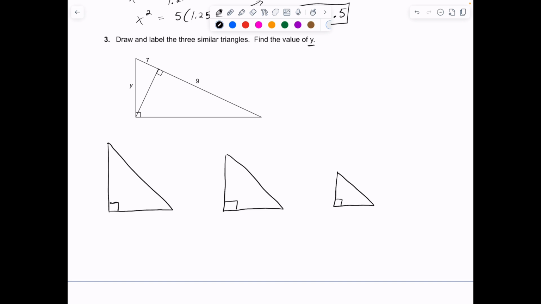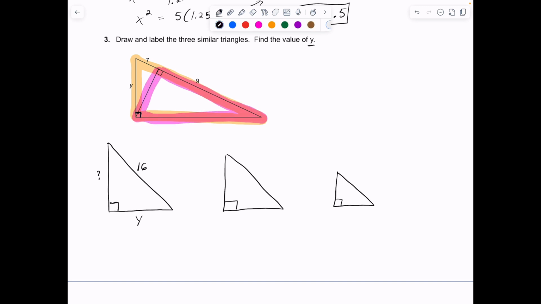Okay, so the large triangle is right here. And again, I always try to manipulate with in my brain and move it around. So that's going to be Y is the base. They didn't tell me what this is, but the hypotenuse, right, what's opposite the right angle here for the long one, the biggest triangle, is 7 plus 9, which is 16. All right, and then look at your medium one. That's this one here.